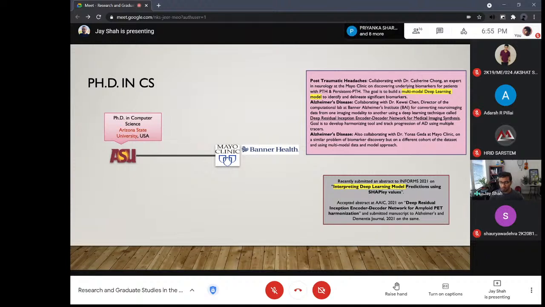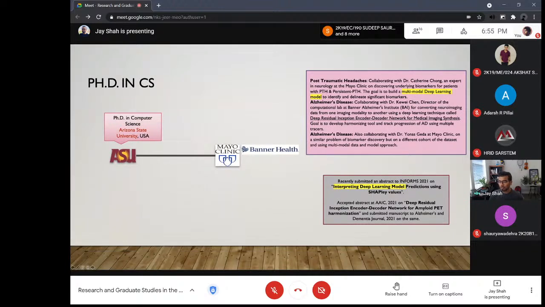I'll be happy to talk to any one of you later on if the question pops up of how exactly we're using this old concept. These Shapley values come from the 1950s or 1960s, and we are trying to make a shot at interpreting deep learning models. Our abstract was submitted to this annual meeting, which is one of the biggest meetings in industrial and science engineering.